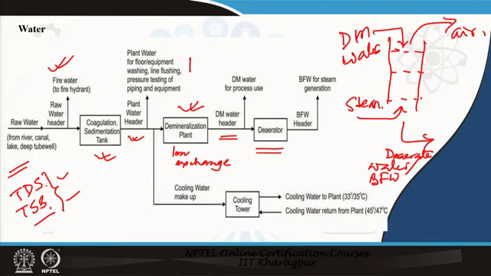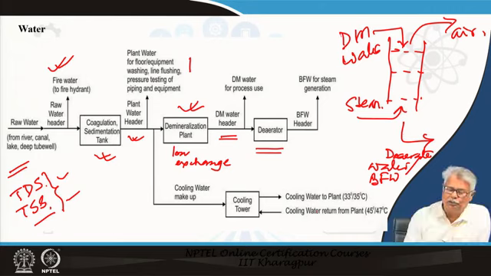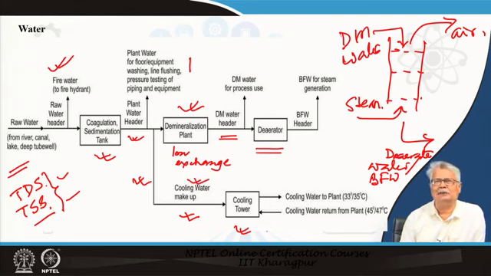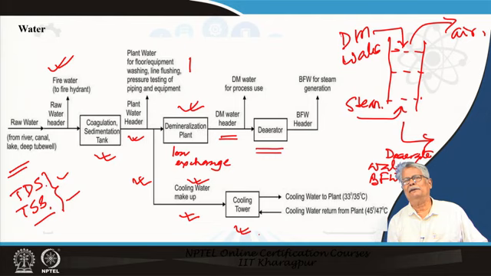Upstream of DM water, you also have a tapping which is for the cooling tower makeup. Your cooling tower will be cooling the hot cooling water by vaporizing a part of it, and it will also have a purge. So, you will definitely have to make it up, and this is the stream which makes it up. Typical cooling water supply is at a pressure of around 5 kg per cm square.